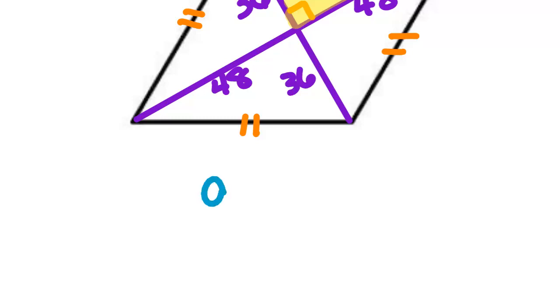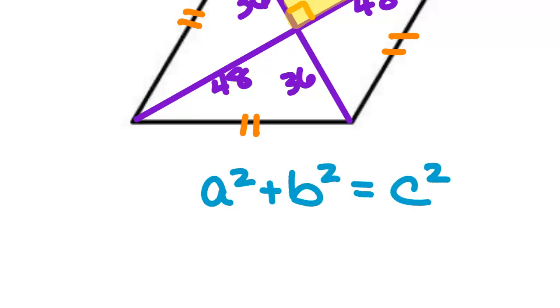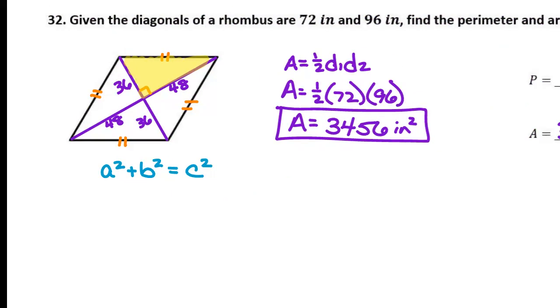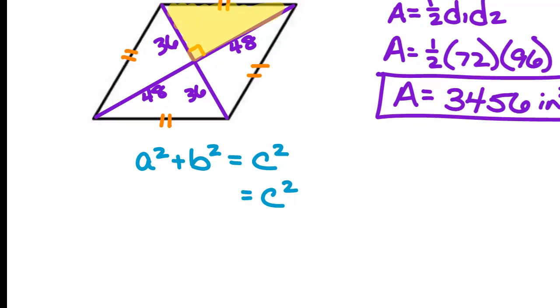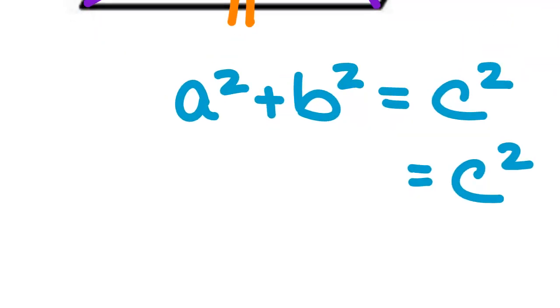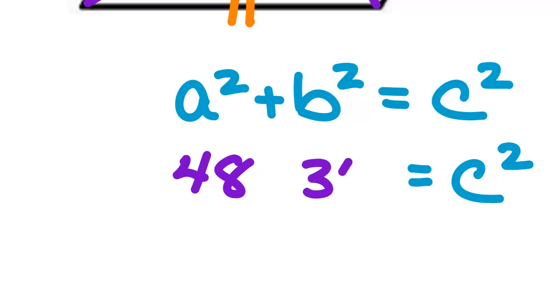Pythagorean theorem. A squared plus b squared equals c squared. What goes in for c? Yeah, that's our missing side, so let's just keep that as c. Or you can call it x if you want to. So in for a and b, we put what? 48 and 36. Does not matter the order there.